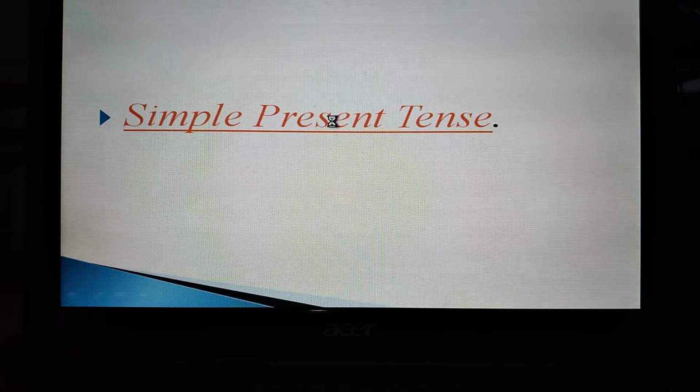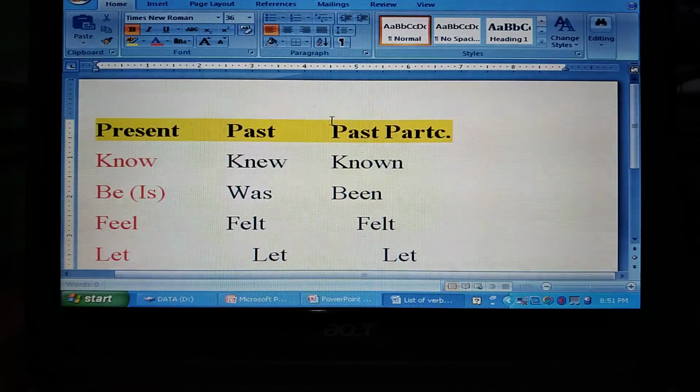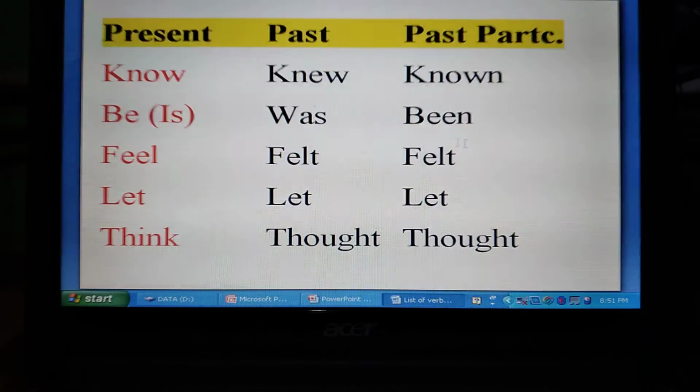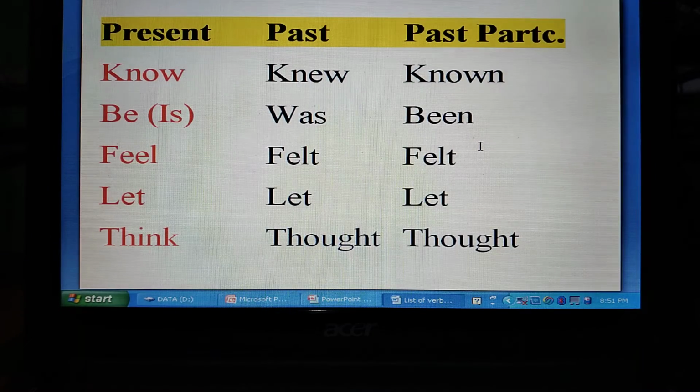Otherwise, let me give you an example here I have provided. In this case, the examples we have are know, be, feel, let, think, etc. that we are going to use this time to talk about expressing facts or current issues.